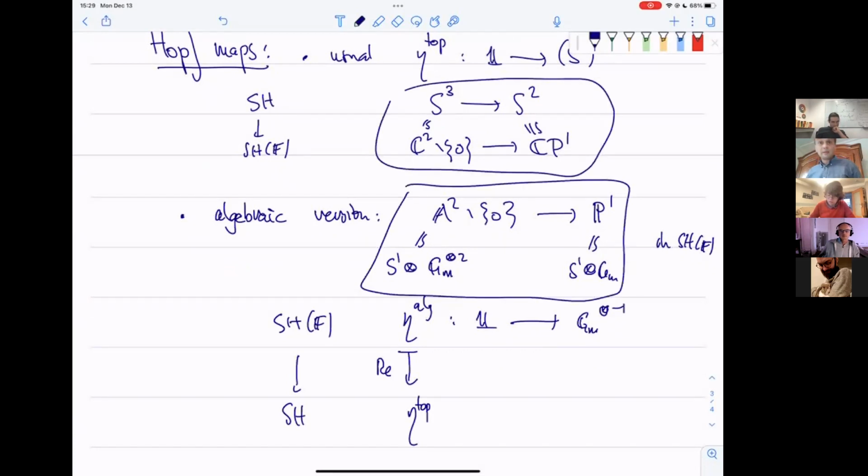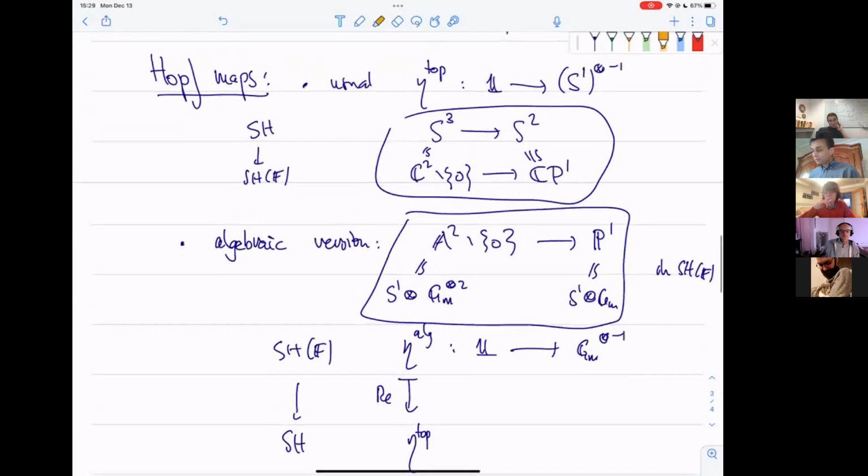So you will get an algebraic version of the Hopf map, which realizes to the topological one, and which is different from the topological one simply because it lands in different spaces, a different grading, if you want, in terms of those spheres. But also it is substantially different in that it is not nilpotent, whereas the topological Hopf map to the fourth power is 0, the fourth tensor power is 0, but the algebraic one is not tensor nilpotent.